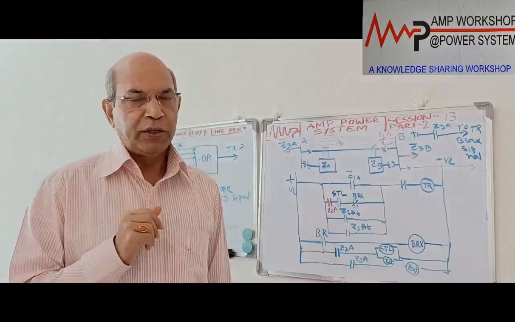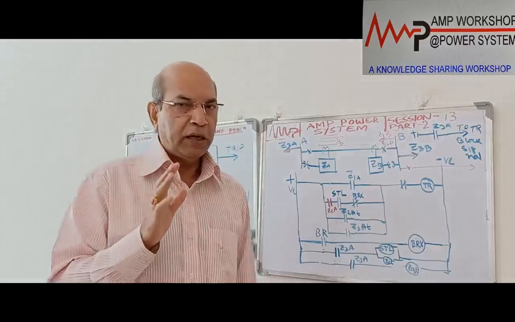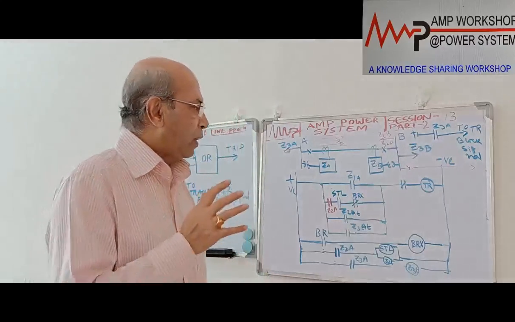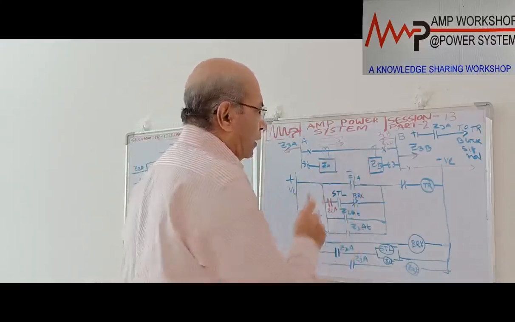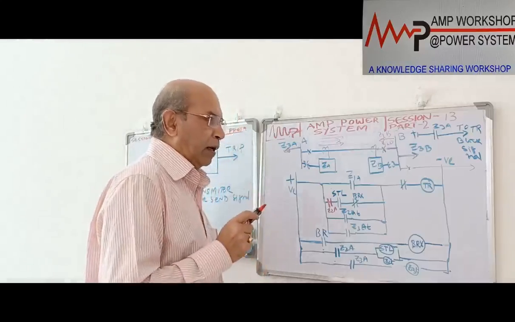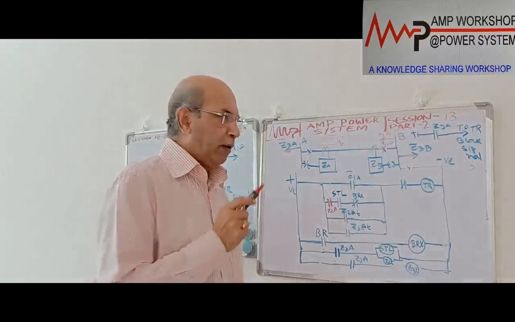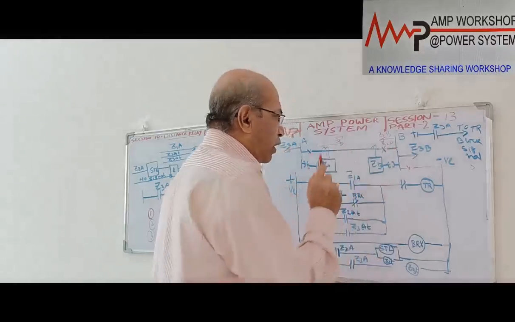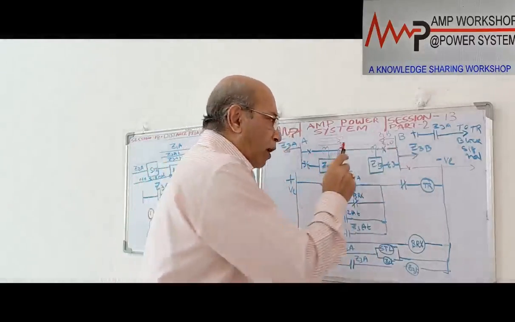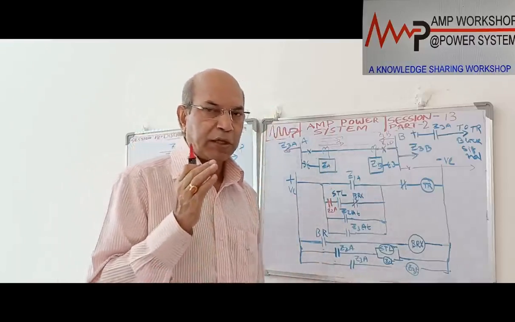In normal condition, there is no tripping signal through the line. And when the fault is within the line for which we are talking about the protection, no signal will be transmitted through the line.